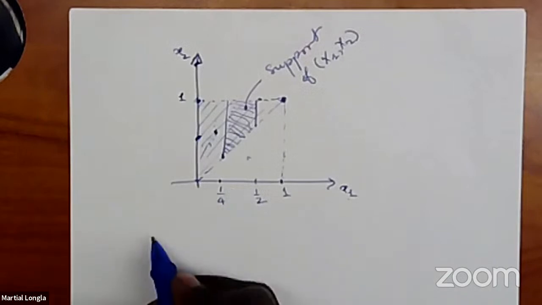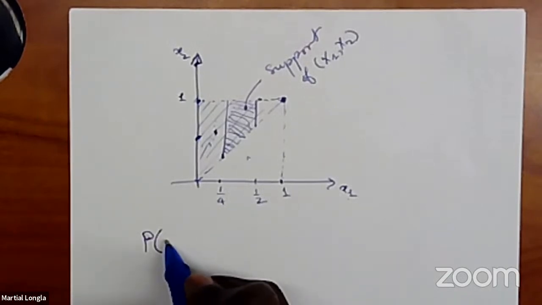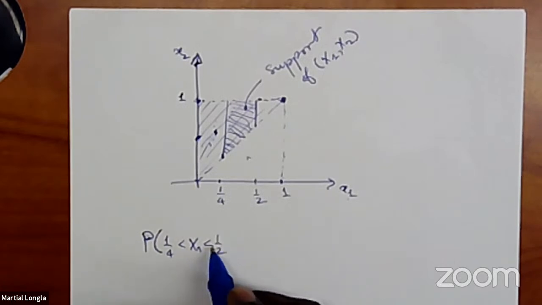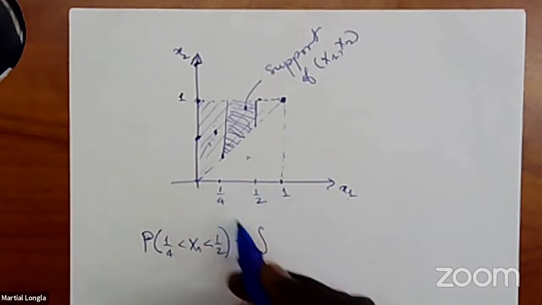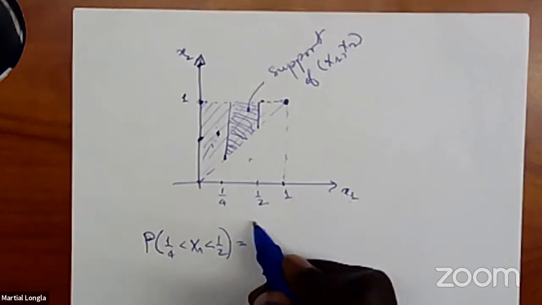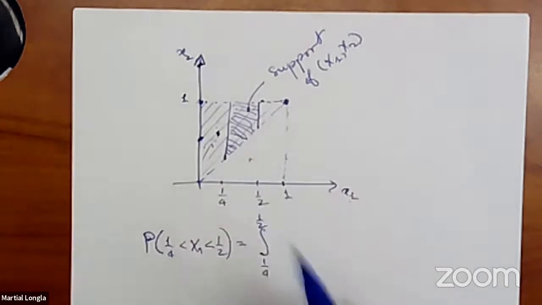So that probability that 1/4 less than x1 less than 1/2 is nothing but I'm going to integrate from 1/4 to 1/2 because this region is so nice to me.